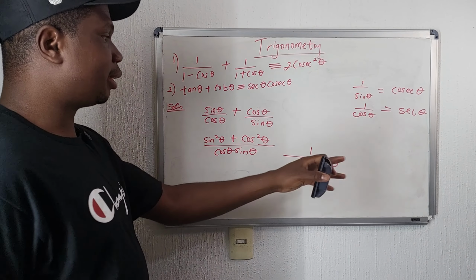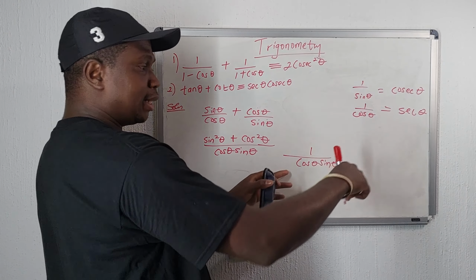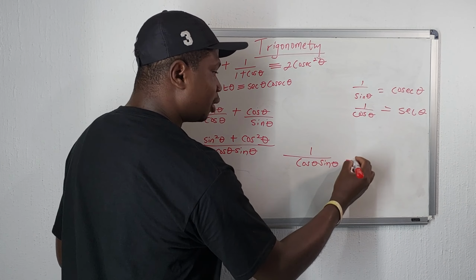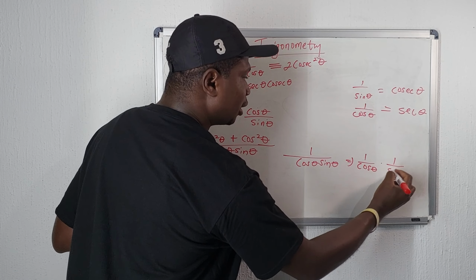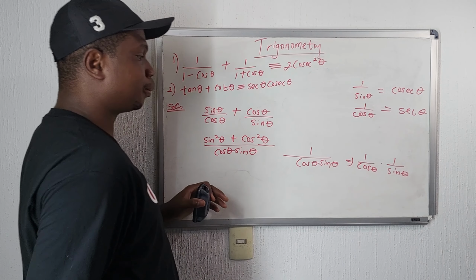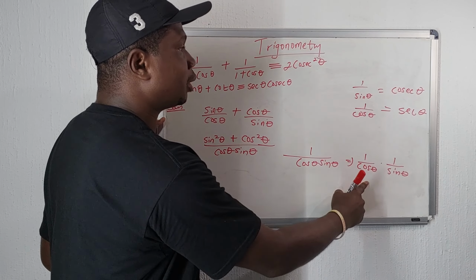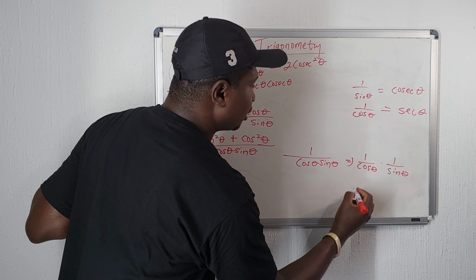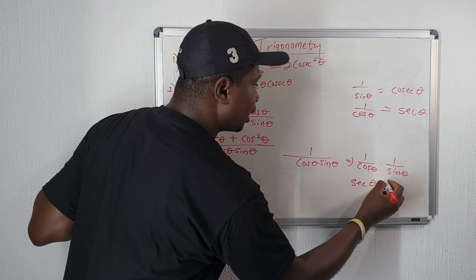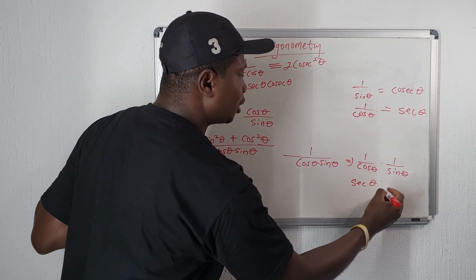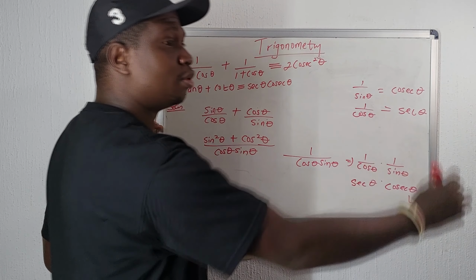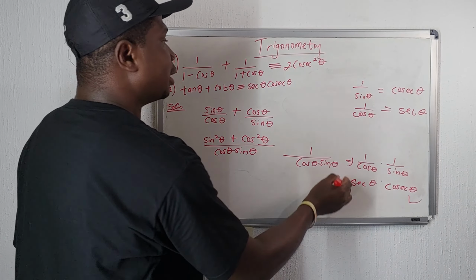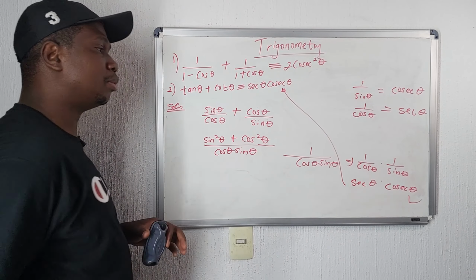So we can just replace this and split it out: 1 over cos theta times 1 over sine theta. So 1 over cos theta is sec theta, 1 over sine theta is cosec of theta. And that proves our answer. So we can see we have arrived at the same thing.